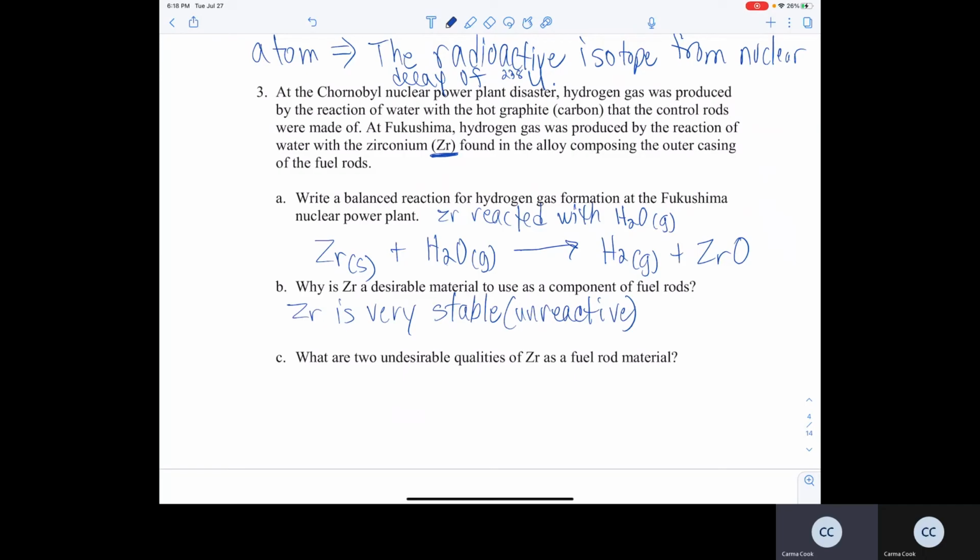But when you're controlling the reactor with the cooling water, the zirconium is not going to react with the steam because the steam won't get hot enough for it to react with the zirconium. It's that cooling water that prevents that. And because the tsunami knocked out the generator that controlled the cooling water, then the reactor got too hot and therefore it exploded, causing the zirconium to react with the steam.